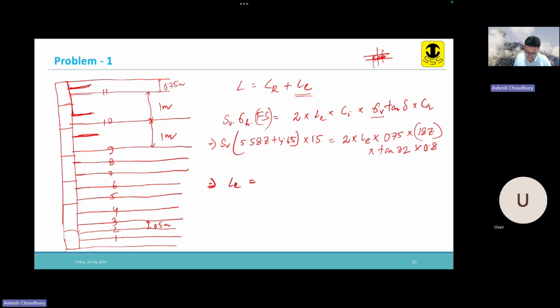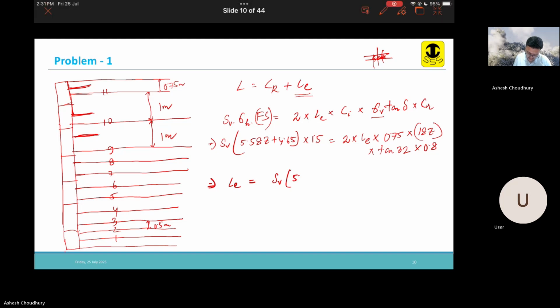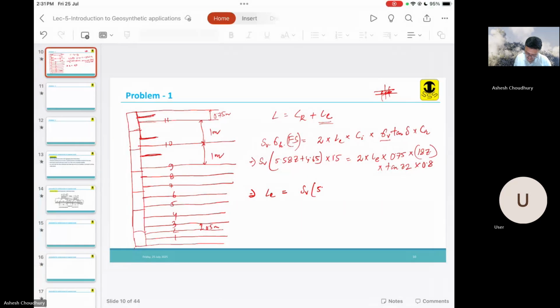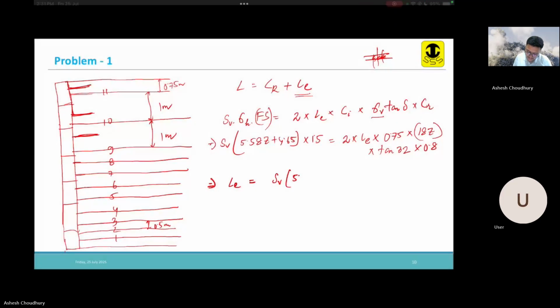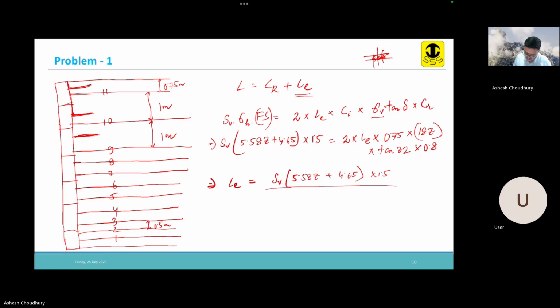L_E is... if we do this, you will get L_E as 0.6.